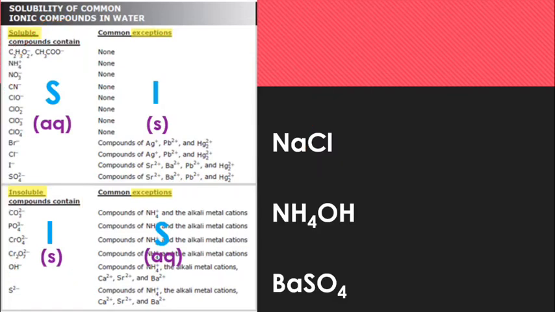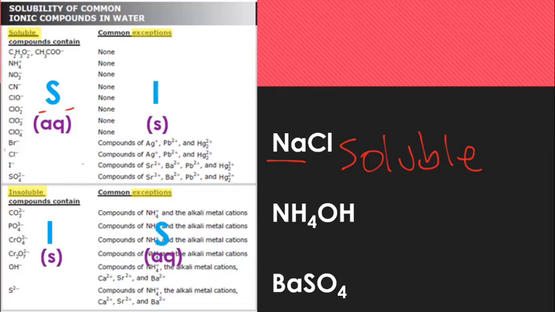So with this first one, NaCl, I see Cl is right over here, which makes me think that that's going to be soluble, but I need to check and see if Na is an exception. So if I follow that over, Na is not in this row. In fact, it's one of those things that's always going to be soluble. So because of that, this is a soluble compound.